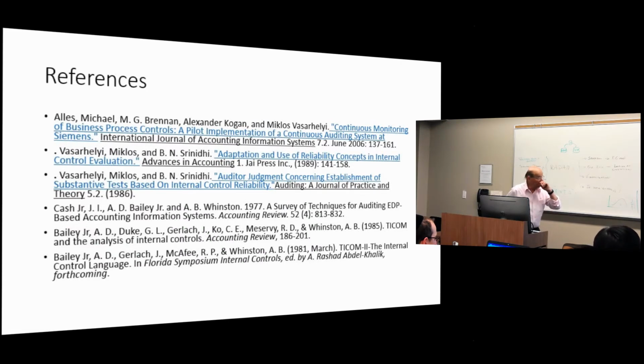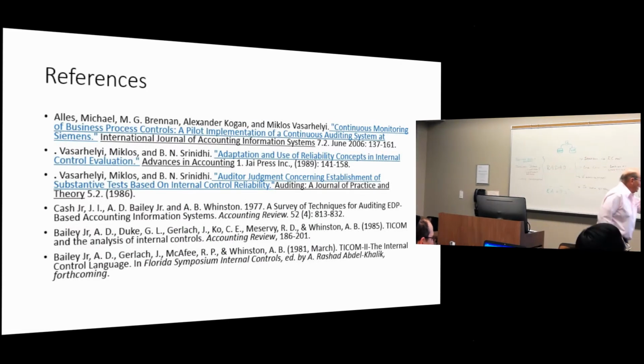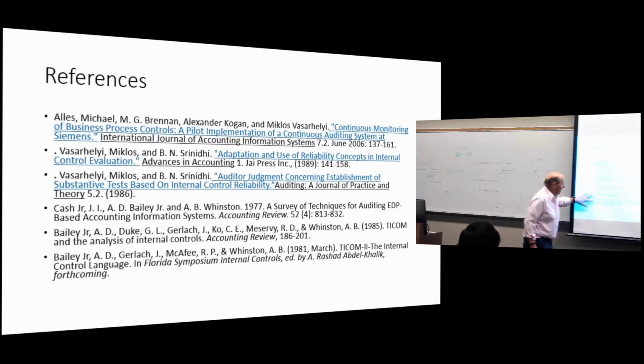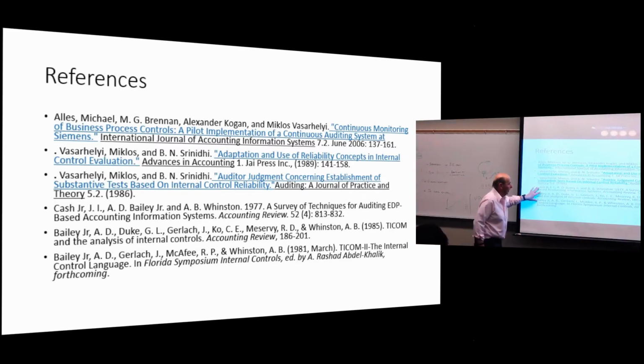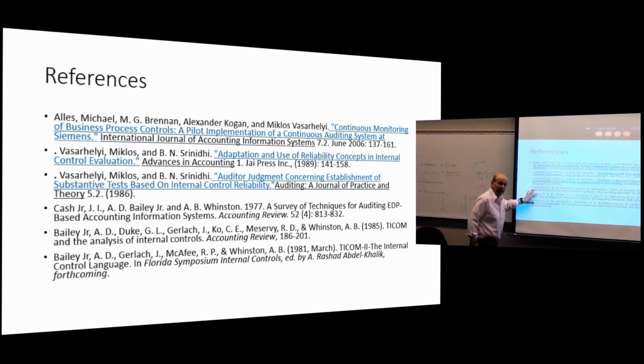I have some references here. This is actually the one group that worked quite a lot in controls, and look at the dates, 85, 83. This was a computer scientist, Professor Winston, and Professor Bailey, who was an auditing professor, and Professor Cash, who was from Harvard, an ex-NBA basketball player, okay?